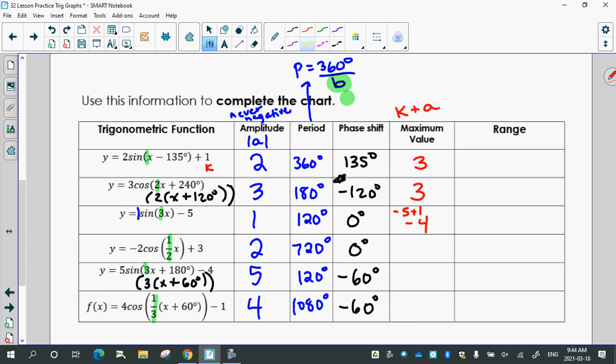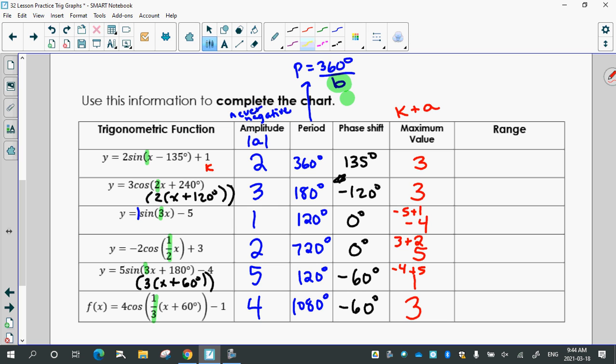Okay. Careful with this one as well, it's 3 plus 2, because the amplitude's never negative, so 5 would be your maximum. Negative 4 plus 5 is 1 would be your maximum. And negative 1 plus 4 is 3 would be your maximum.